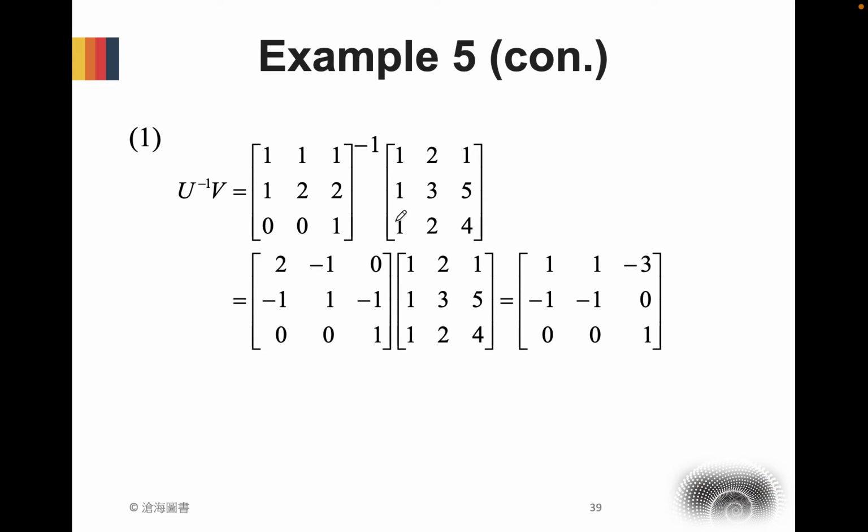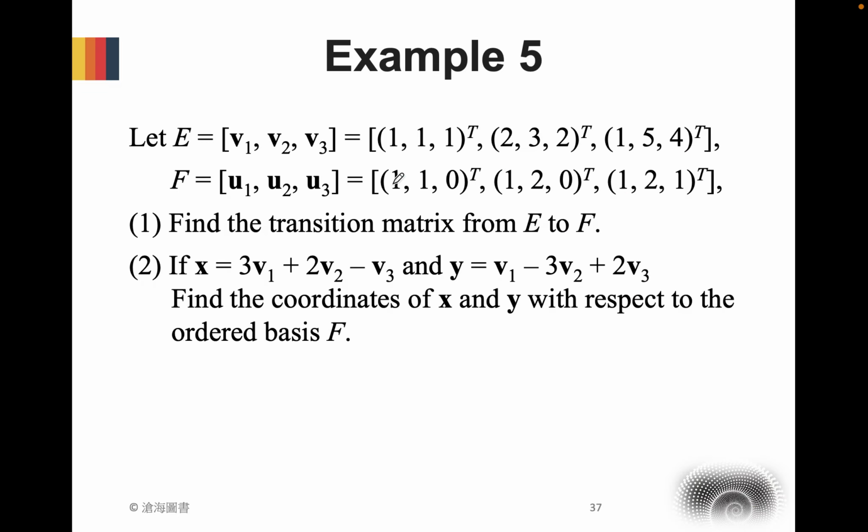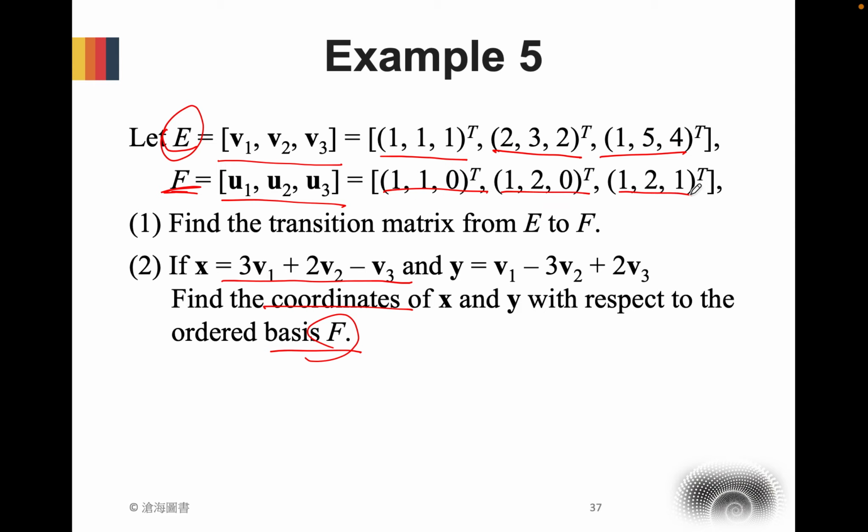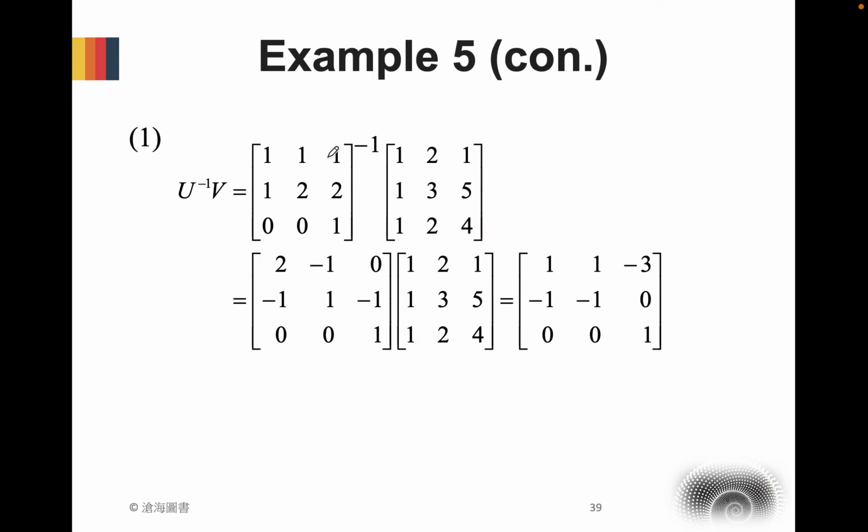Now we directly calculate U inverse V. So V is 1, 1, 1, 2, 3, 2, 1, 5, 4, because V1 is 1, 1, 1, 2, 3, 2, 1, 5, 4, right? And U is 1, 1, 0, 1, 2, 0, and 1, 2, 1, right? We take the inverse, and after calculating the inverse of U, we can calculate this.